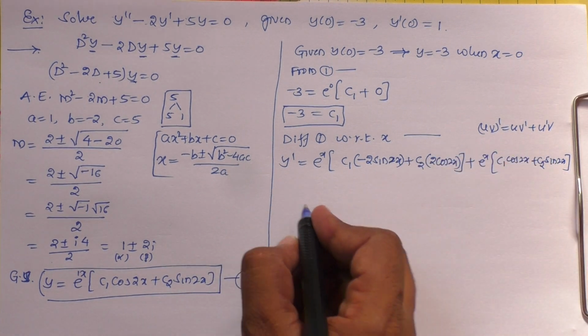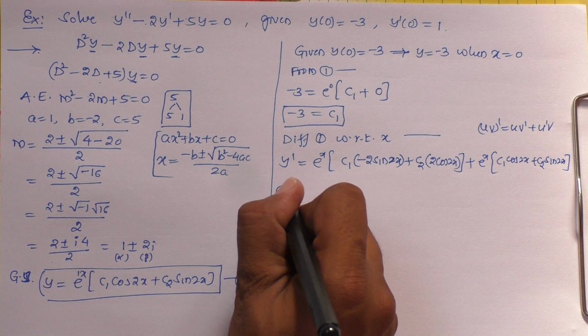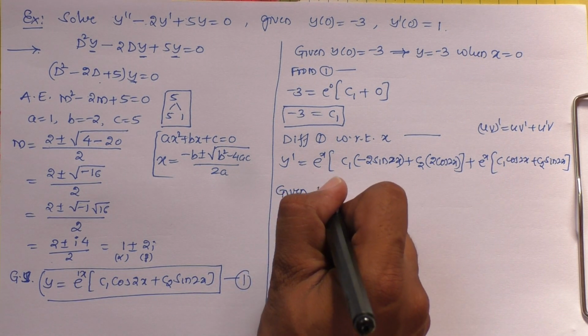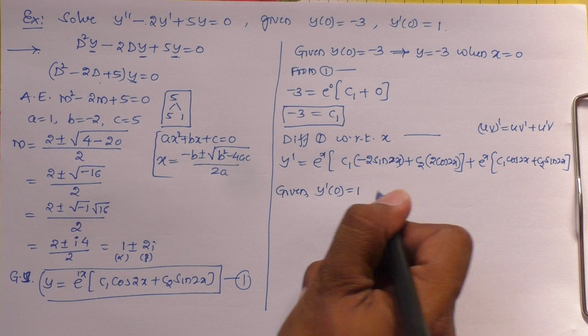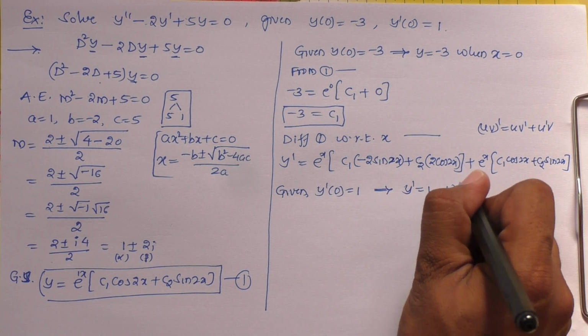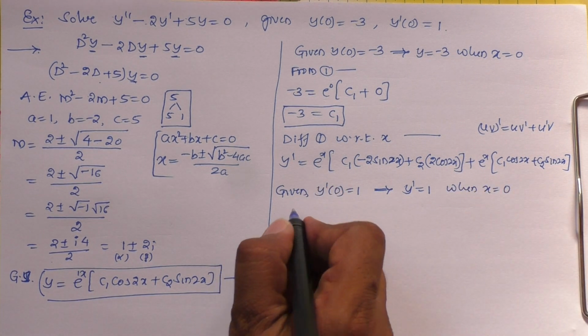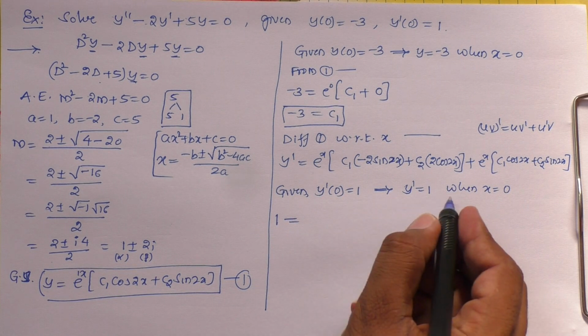So now, on the y' we got, apply the given condition. Given y'(0) = 1, it means y' is 1 when x = 0.